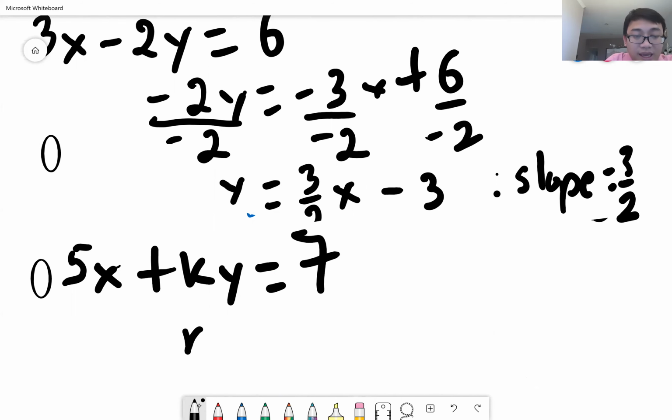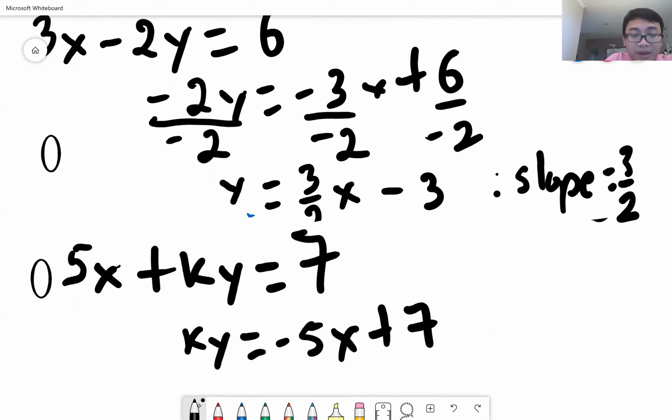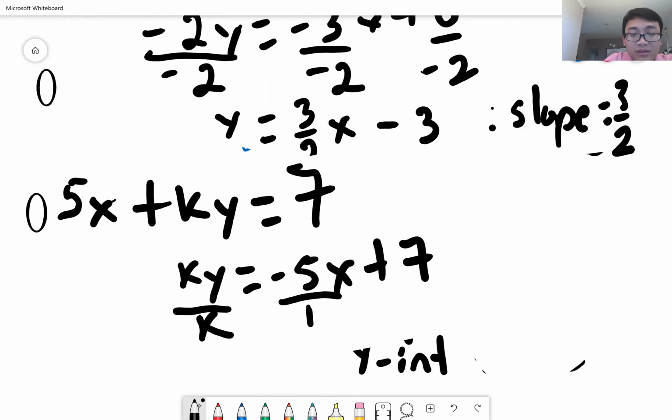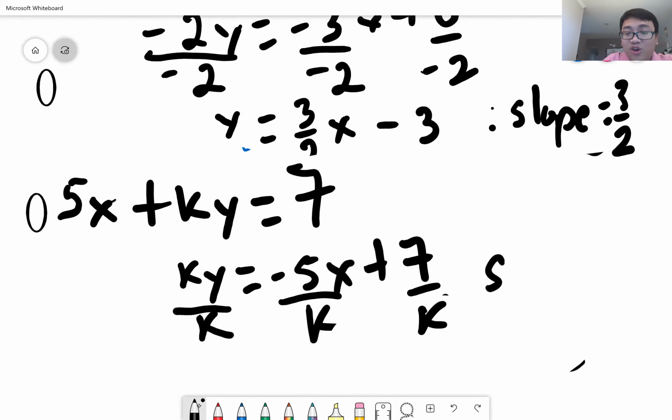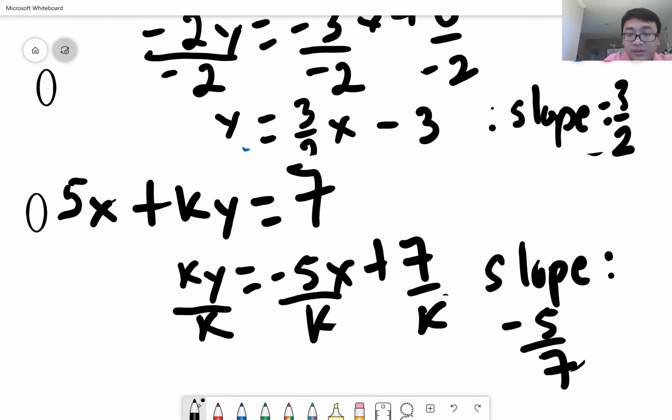So we get ky equals negative 5x plus 7, and you divide by k. So the slope is what? Negative 5 over 7. Sorry, negative 5 over k.